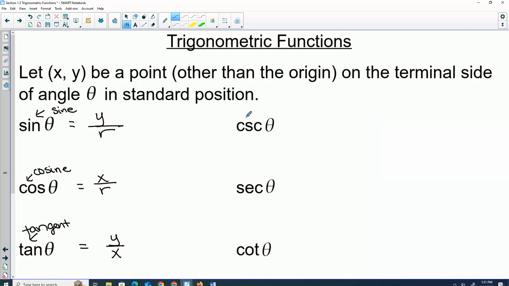These other three are reciprocals. CSC is cosecant of theta, and that's just the reciprocal of sine, r over y. SEC, that is secant, and that's the reciprocal of cosine. So that is r divided by x.